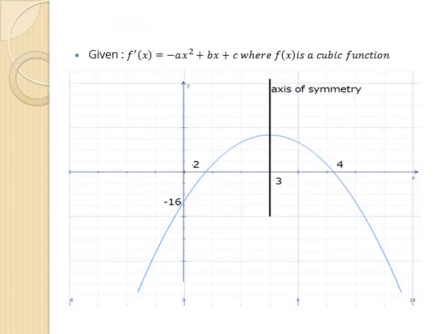Now if you look at the second problem, I've given you f prime x equals negative ax squared plus bx plus c, where f of x is a cubic function. So now we're doing a graph, a sad face, where the parabola is facing down. x-intercepts at 2 and 4, y-intercept at negative 16, and axis of symmetry at 3.